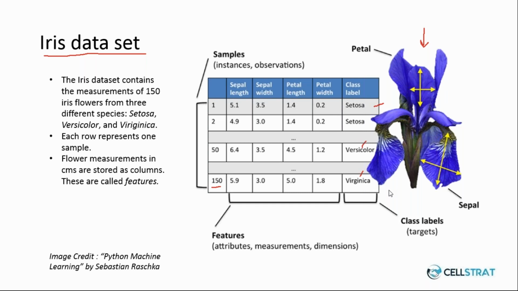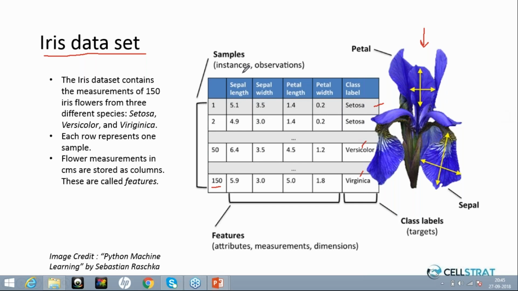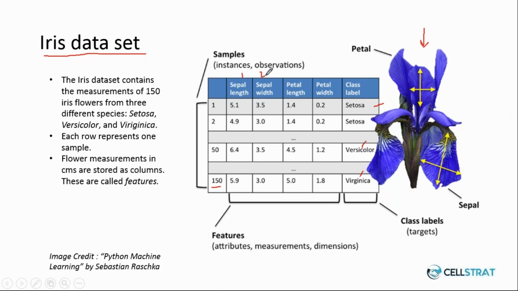The data set has 150 data samples, and there are four features: sepal length, sepal width, petal length, and petal width. This is a kind of data set which a classification model can be trained on.